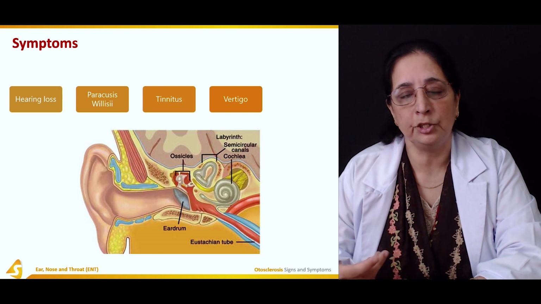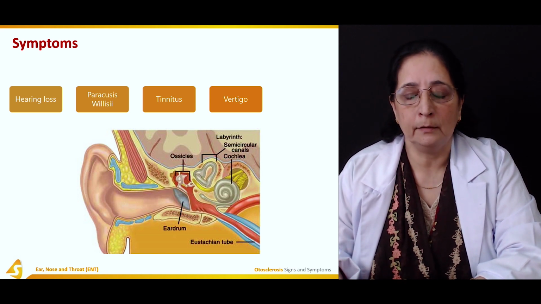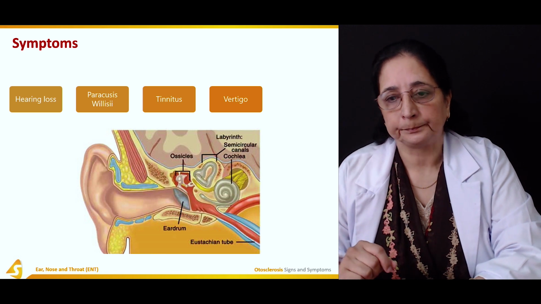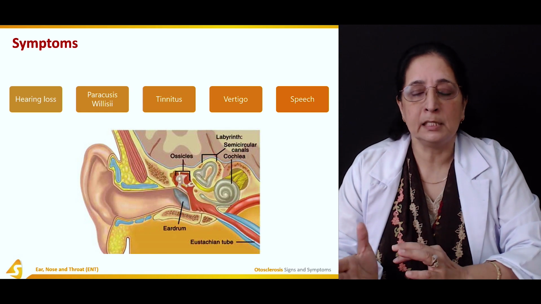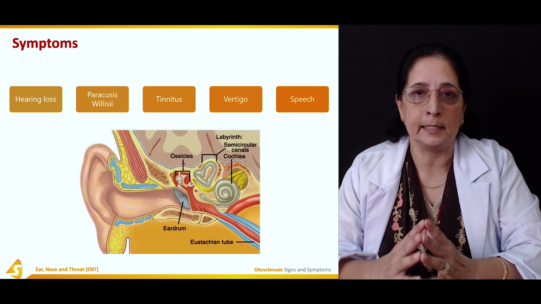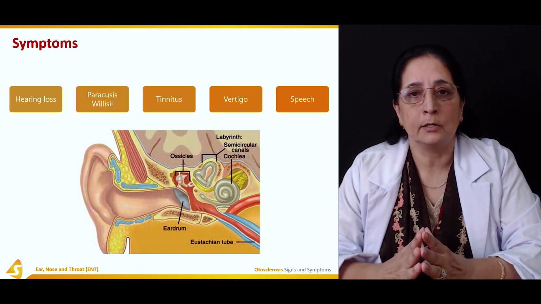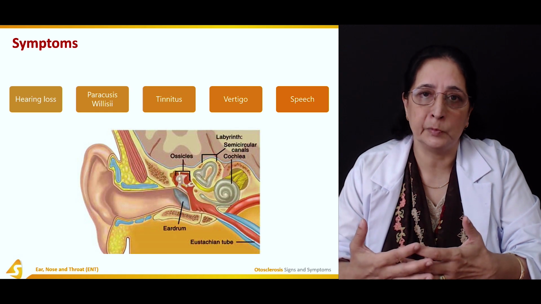Vertigo is a condition in which there is dizziness and spinning of the world. And then there are speech problems, and this speech problem is mainly due to the hearing loss present in otosclerosis. If hearing is not good, it affects the speech also.